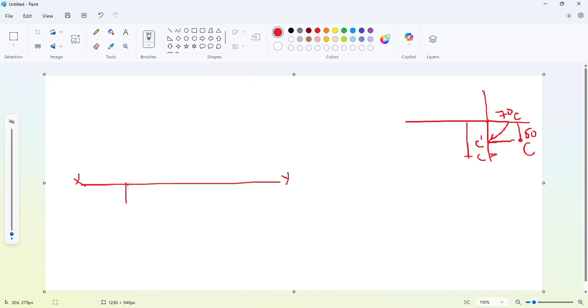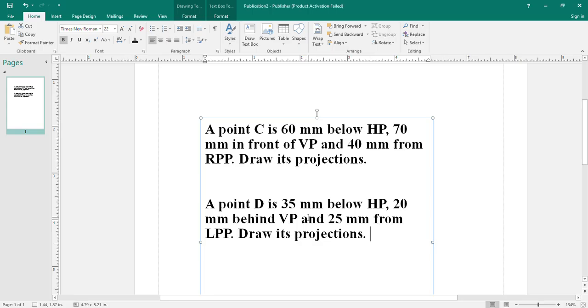First we have to draw C dash, then the top view C. This one is C dash, this one is 60, and this one is 70.